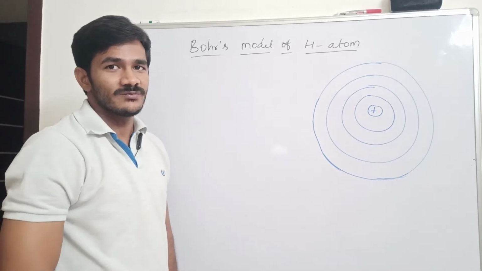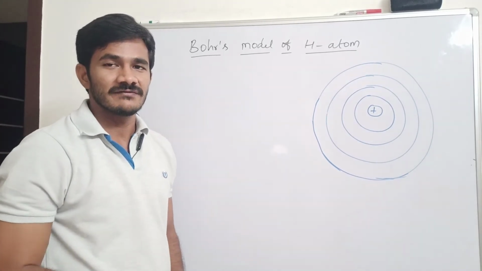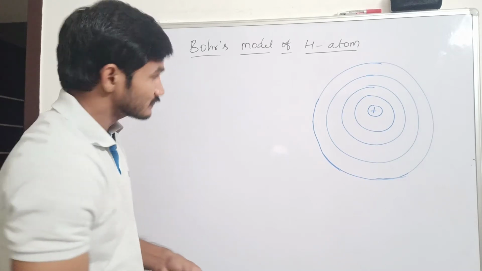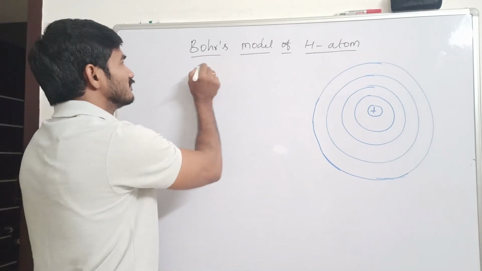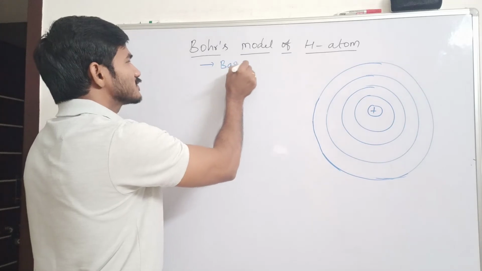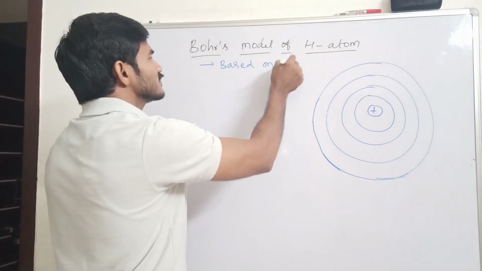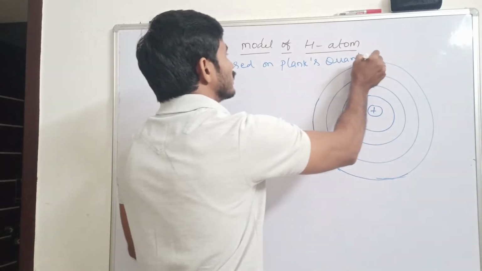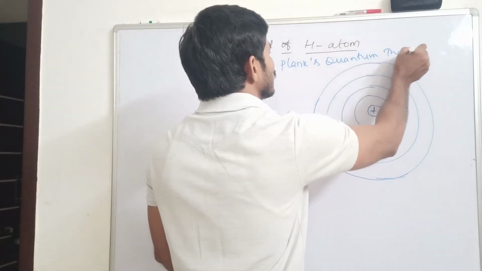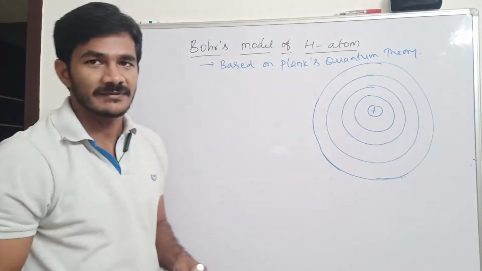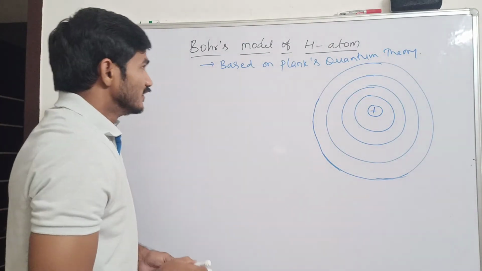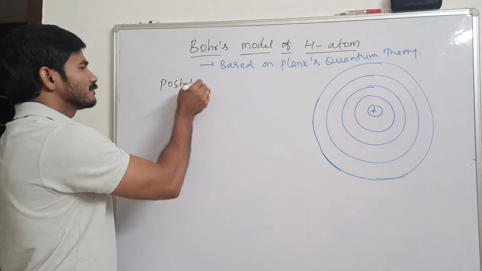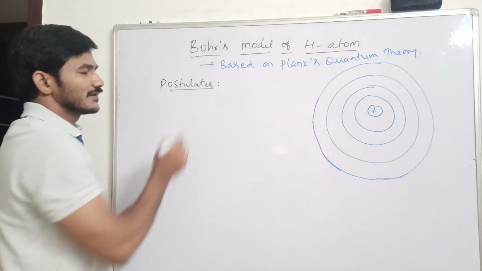It is a very, very important theory about the structure of an atom. Bohr's model is explained based on Planck's quantum theory. Here we have to understand the postulates. What are the main points proposed by Bohr's model?